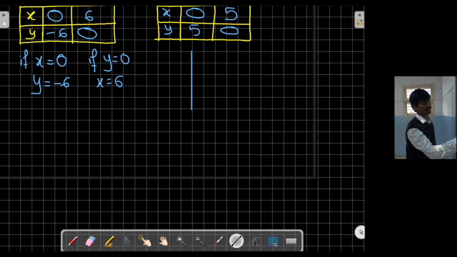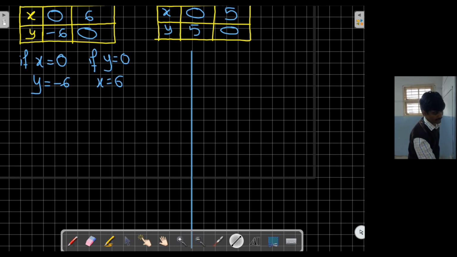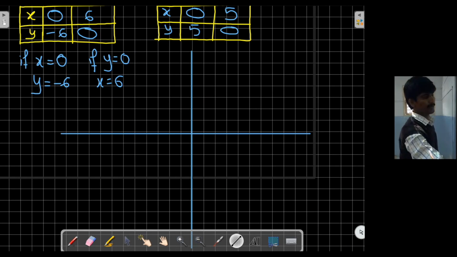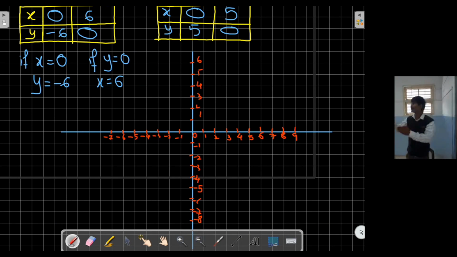One straight line first, like this. One more straight line. How are we going to take the coordinates? First x value, then y value, x comma y. See here, we will take this one first. It means 0 comma minus 6, in the position minus 6 down.